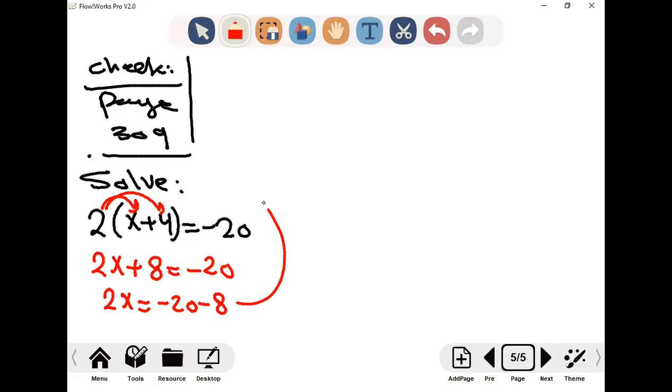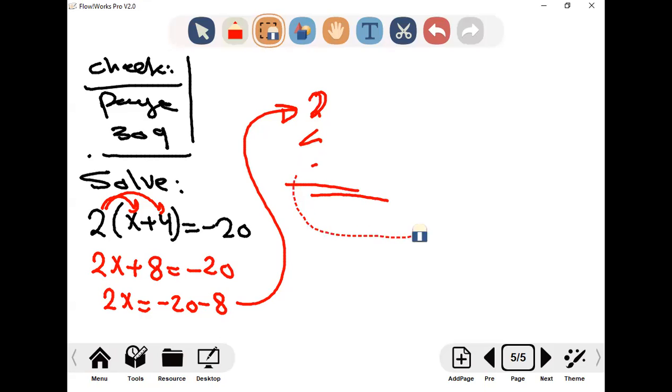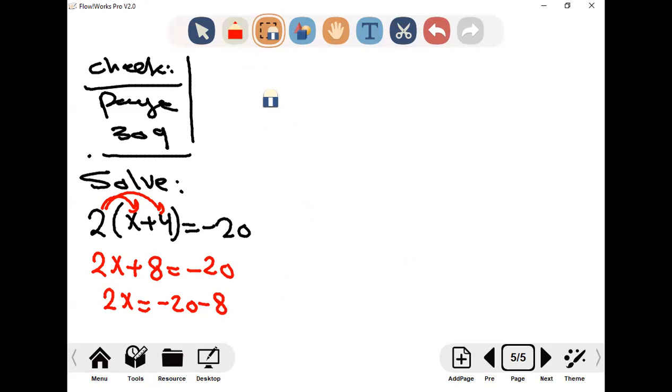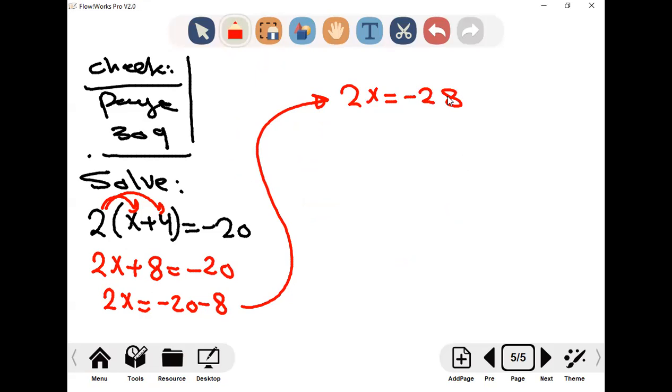Now we add and keep the same sign. So 2x equals negative 28.